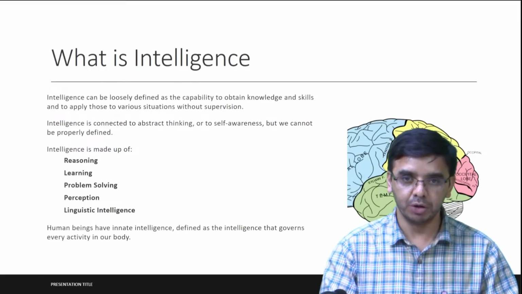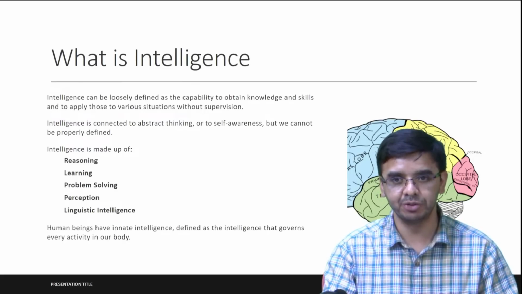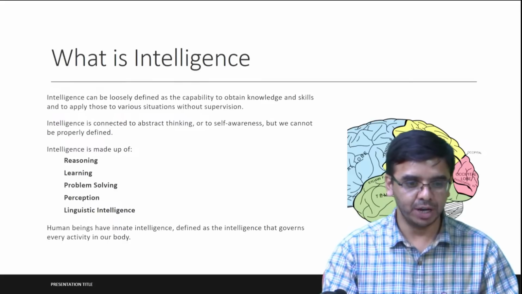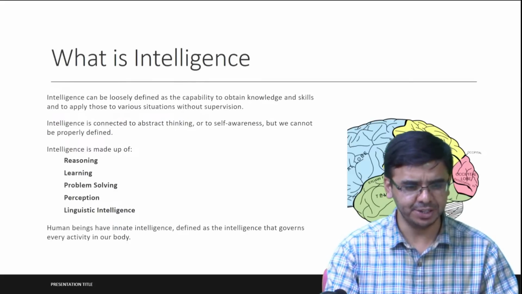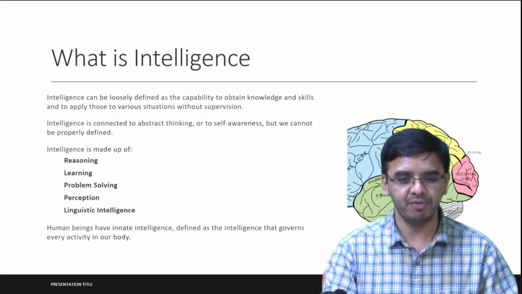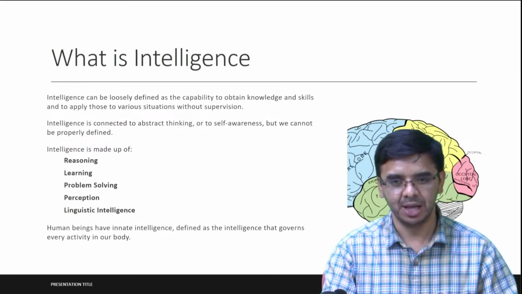Before the advent of machine learning, these capabilities were not with the machine, so that was specific to humans. Intelligence is generally connected to some kind of abstract thinking or self awareness, but generally we cannot define intelligence formally.